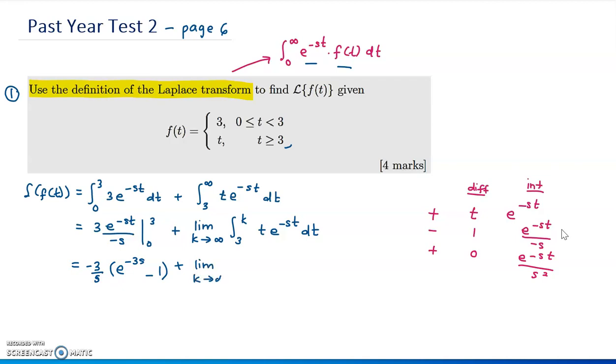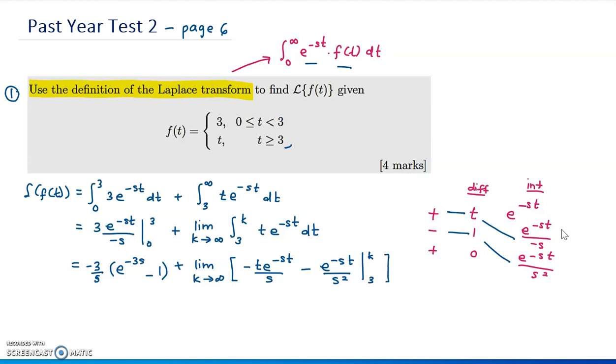The result of that integral by the tabular method is positive t times the integrated exponential, so we have negative t e^(-st) over s, minus e^(-st) over s squared, evaluated for t equals k and t equals 3.